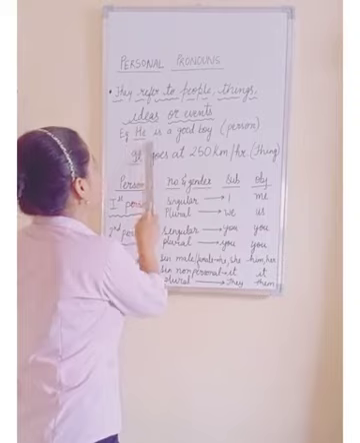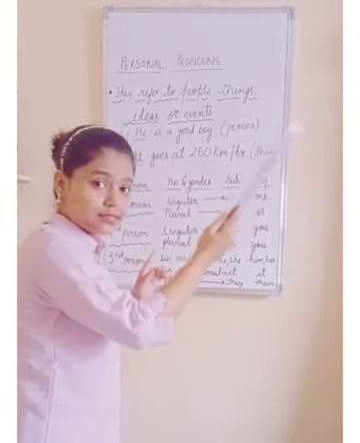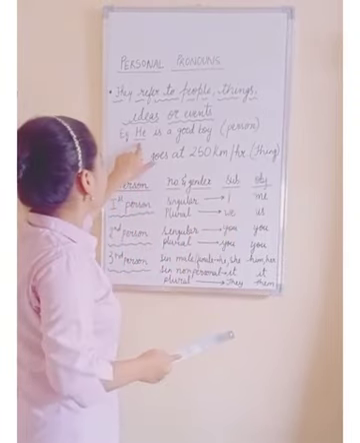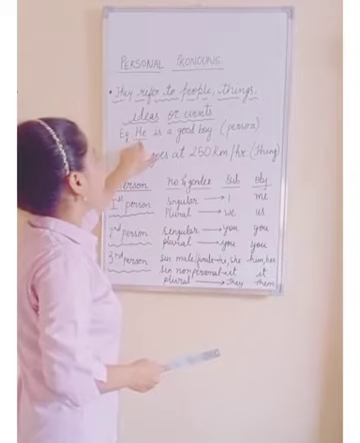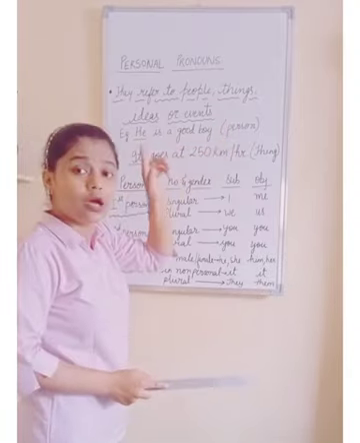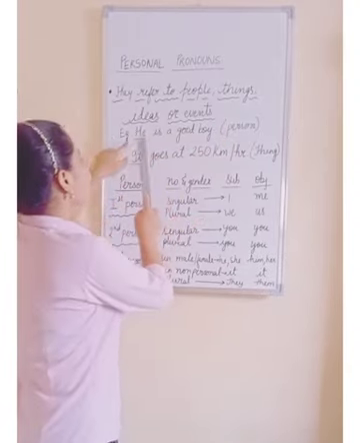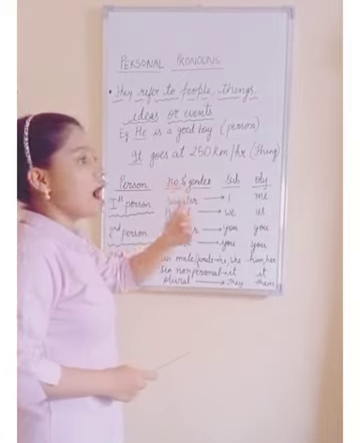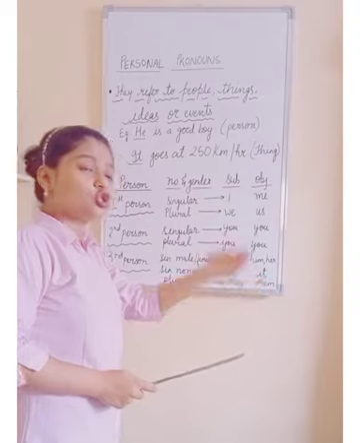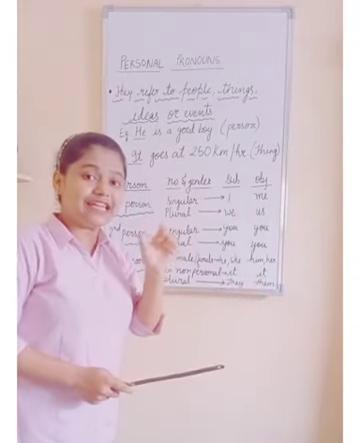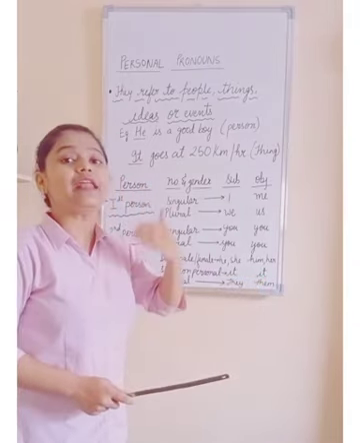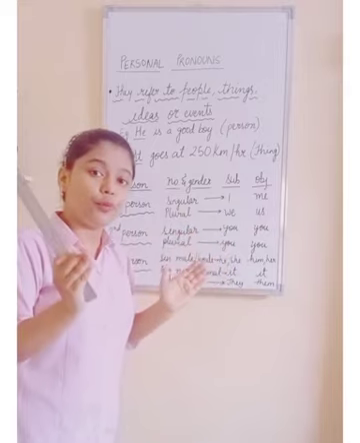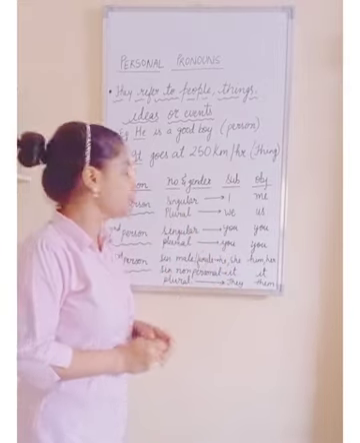So here he is referring to some person. This personal pronoun is referring to some person. If I take this in plural, if I say they are good boys, then they will be referring to a group of people, right?